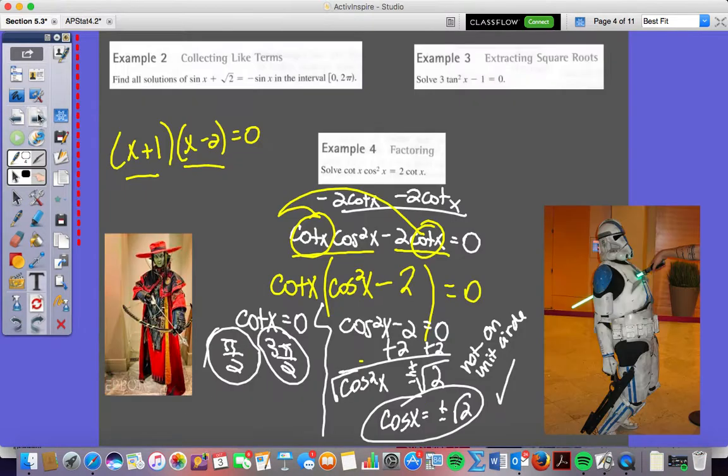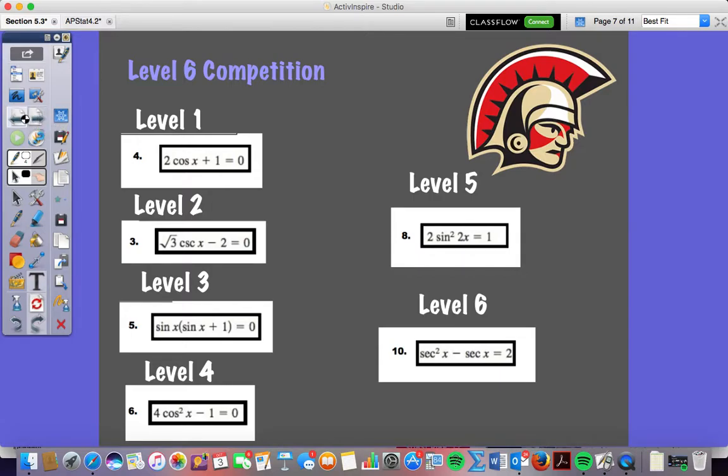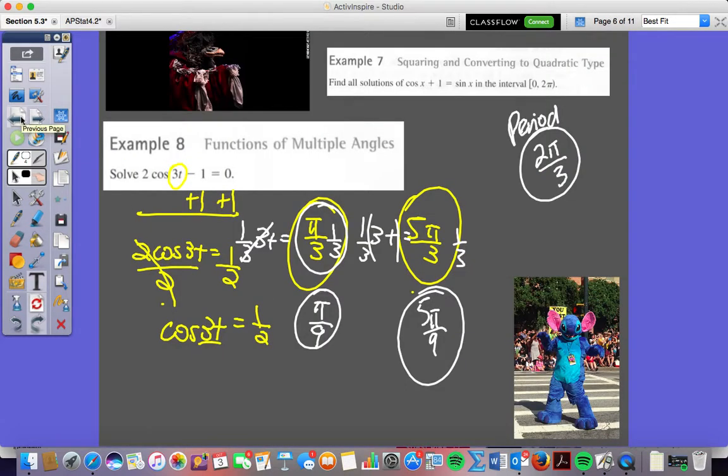But when we put a b in, in this case it's 3, okay? What we have now is a new period. It's not 2 pi over 1, but 2 pi over 3. And so now what am I adding to each of these? 2 pi over 3. Is that all I stop at? 2 pi over 3, and good.